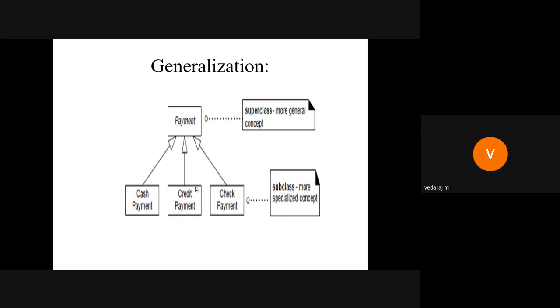Check payment is also one of the specific payment types, right? So the superclass is more general, and the subclass is a more specialized concept. Generalization shows the relationship between parent class and child class. This is the major concept.